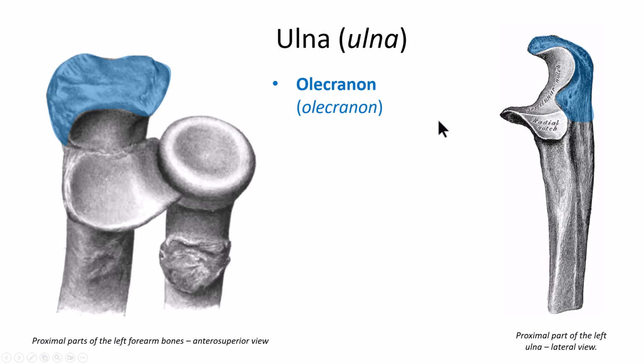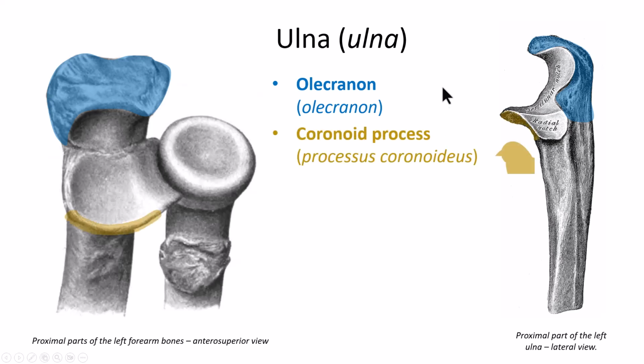Another structure is the coronoid process, processus coronoideus, marked in beige. The name is linked to the fact that it projects anteriorly, which is emphasized by the right side image and the icon of the bird with its beak extended.